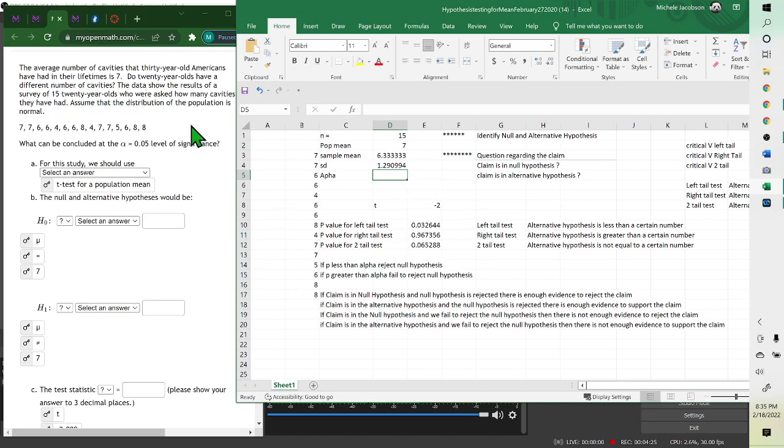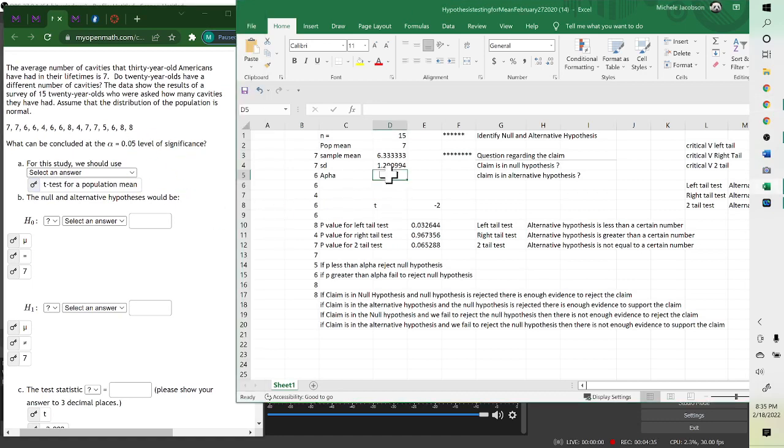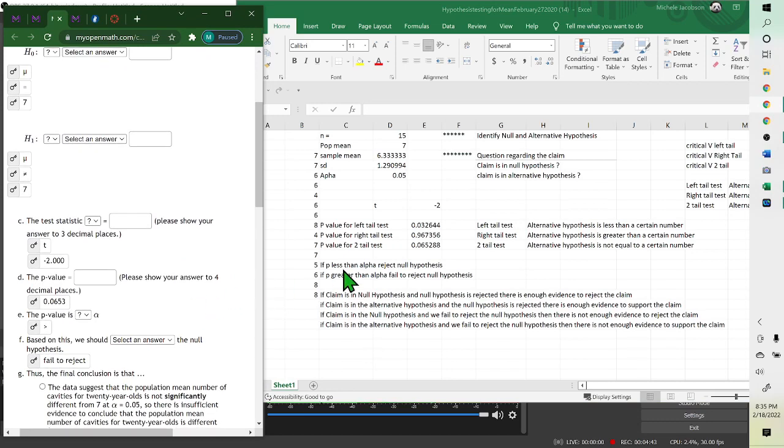Our alpha was 0.05 right here, your significance level. And hit enter. Now we wanted our t-value, -2, right there.